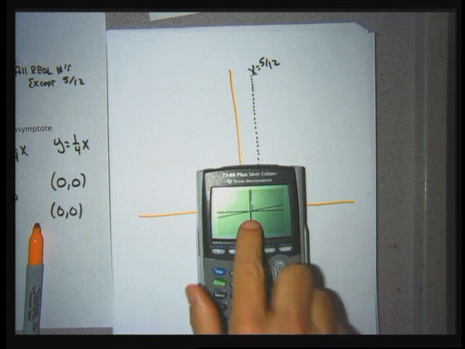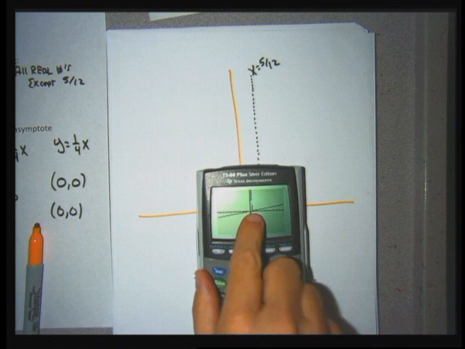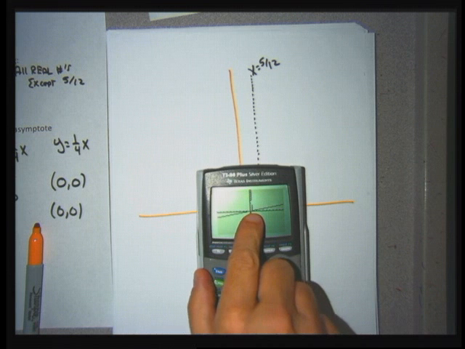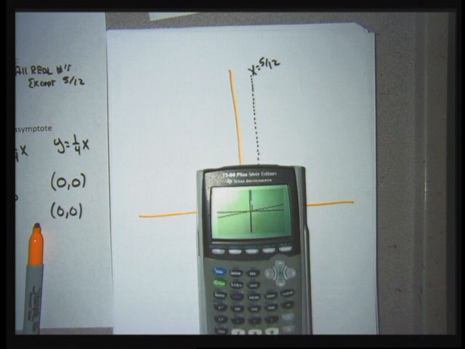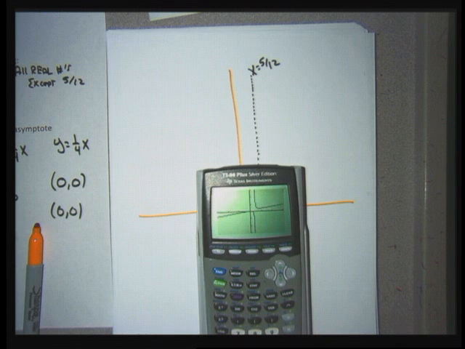I can't really tell at all what's going on here by the x-intercept, nor can I see the vertical asymptote real well, which I haven't even drawn in yet. I'm going to make my window go down to the 3s: x min -3, x max 3, y min -3, y max 3. See if I can see better what's happening around the origin. I think I can. I think this window is going to be perfect.